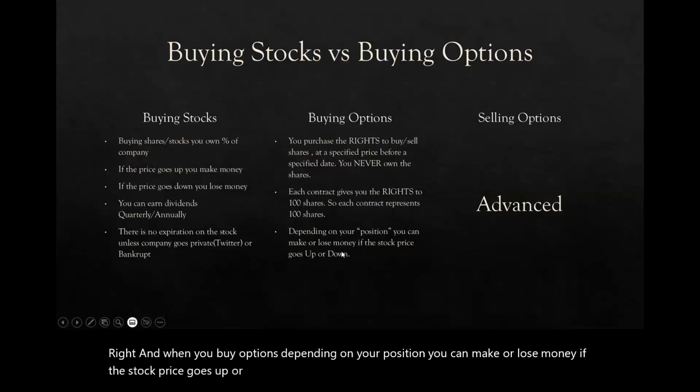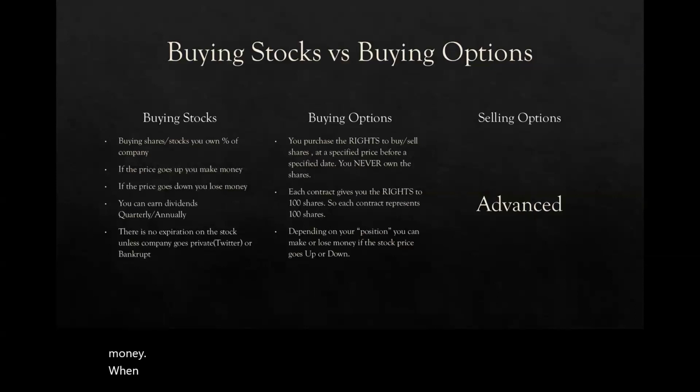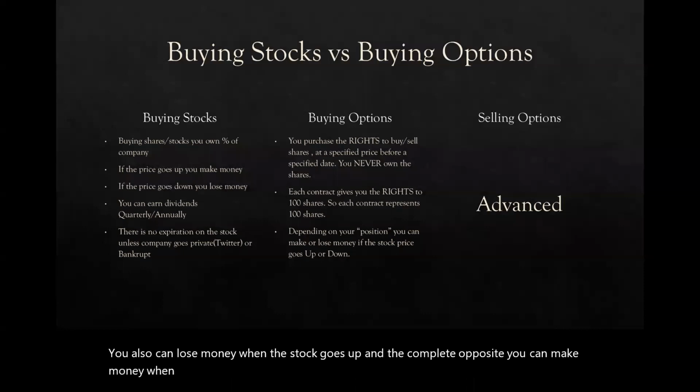So in a nutshell, when you buy options, you can make money when the stock goes up. You also can lose money when the stock goes up. And the complete opposite, you can make money when the stock goes down, and you also can lose money when the stock goes down. All right.